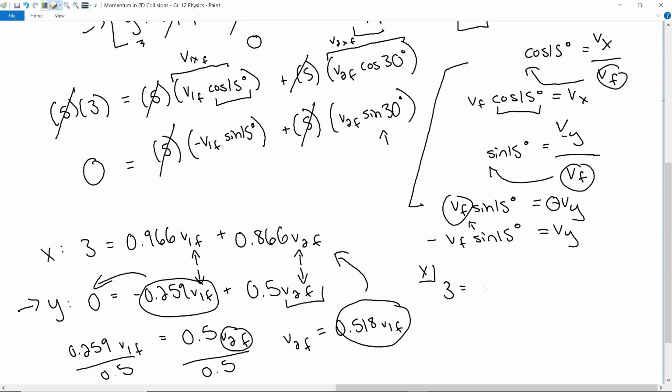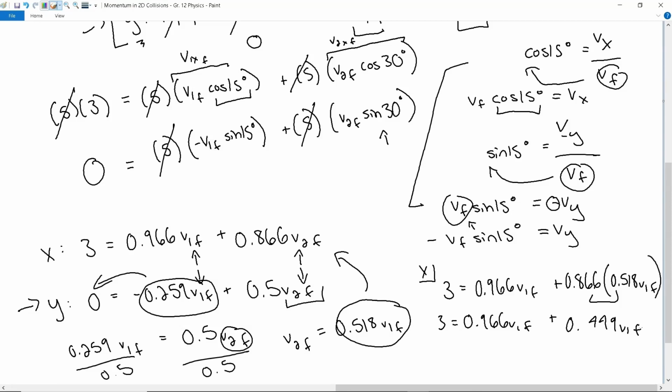So this is the x momentum. And multiplying those two numbers out will give us, and finally, we just need to collect our like terms.